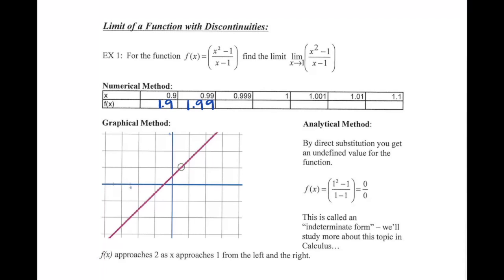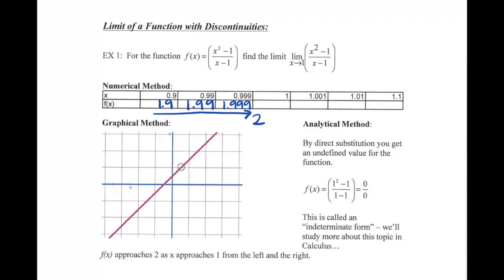I bet you can see where this is going. If I plug in 0.999, I get 1.999. Okay, and again, this is when I plug it into this expression, x squared minus 1 over x minus 1. So as we're approaching from the left, it seems like we're getting a value approaching 2.